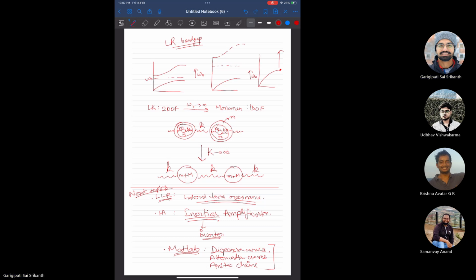Then we'll also see what is the long wavelength wave speed. Before covering wave speed, I think I should cover group velocity and phase velocity as well.